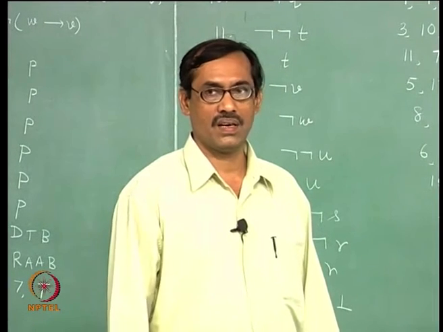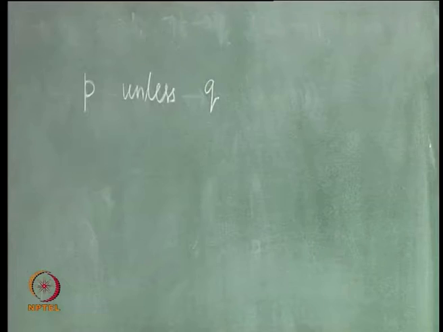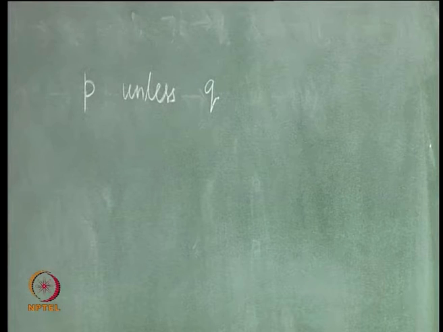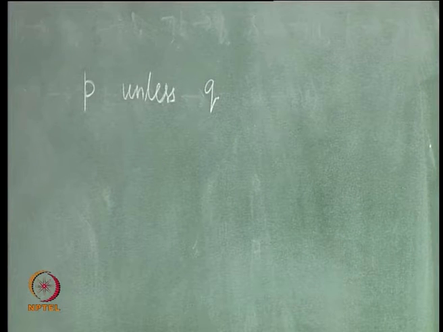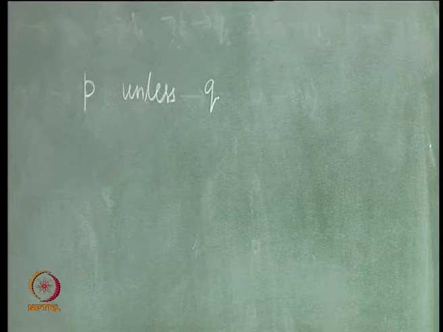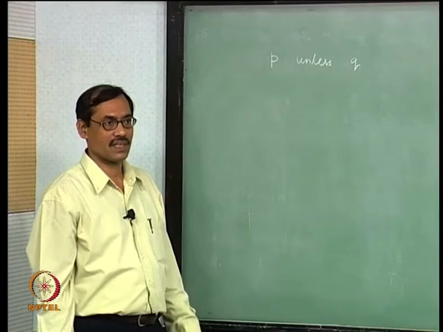How do you go about it? You say P unless Q. When you say P unless Q, it means P if not Q. That is your first translation.